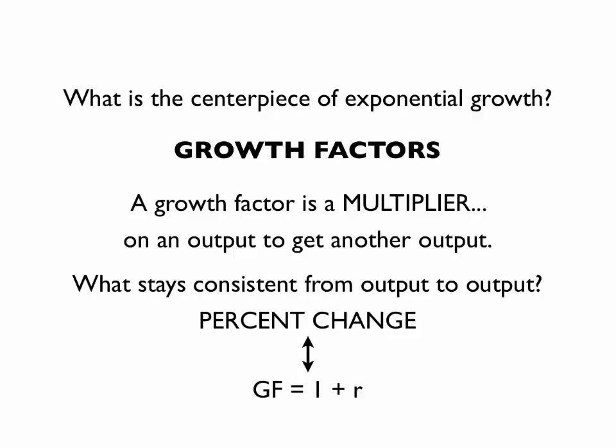And we remember that if you have your growth factor, that's going to be 1 plus r. What is the 1? The 1 is keeping what you had before, and then the r is the amount of change, right? So when you multiply by that growth factor, the 1 is again keeping what you had before, and then either increasing that with growth or decreasing it with a negative r.